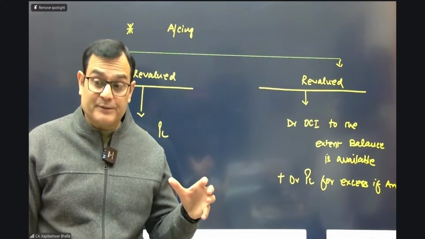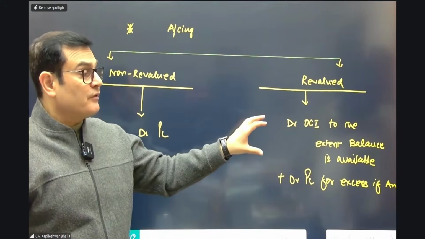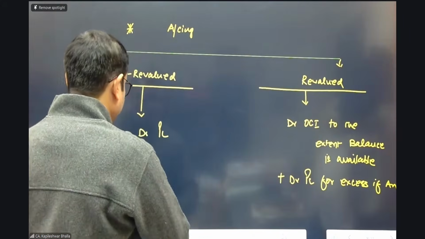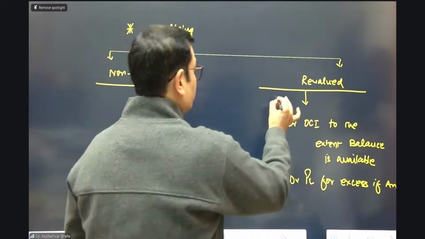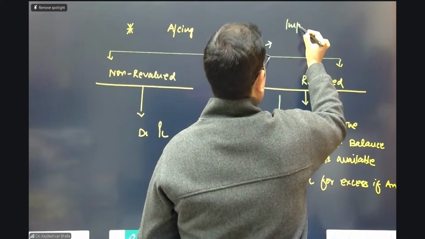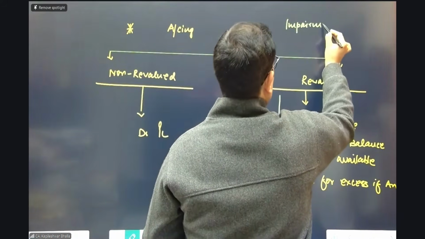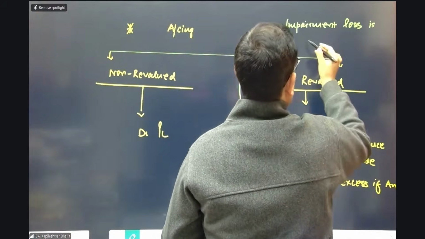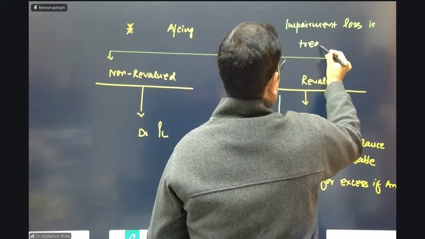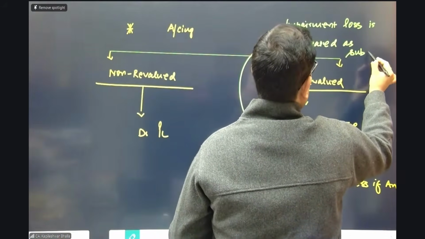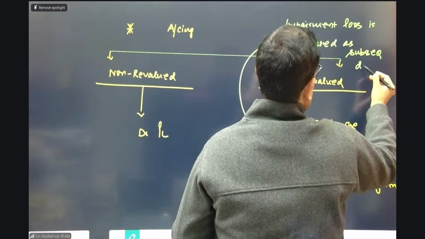Is that thought correct? In short, if I want to condense it and put it like this, that's right. So we can say indirectly in this particular case, impairment loss is treated as subsequent devaluation.